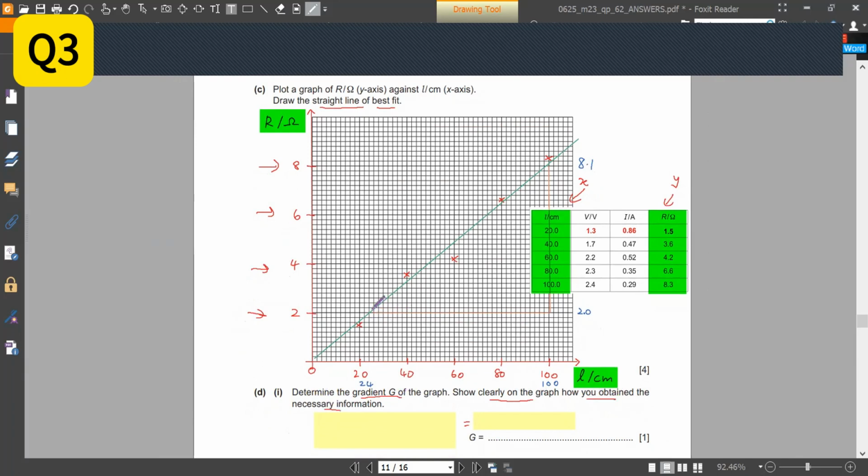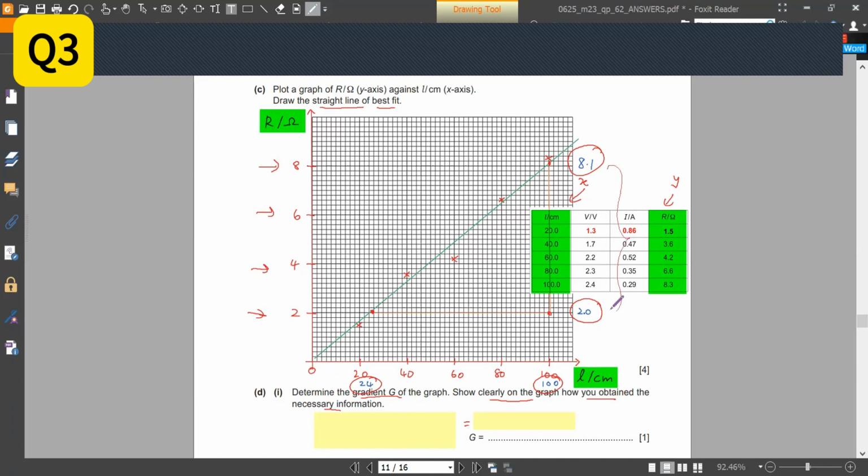So what we do, we define a triangle. It can be any triangle, but we try to take the triangle that is as large as possible, so it gives a more accurate calculation. So the gradient will be the difference in y divided by the difference in x. So that will be our gradient.